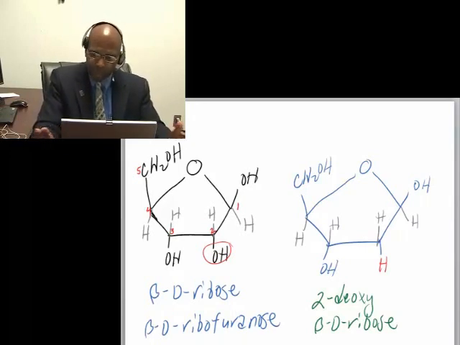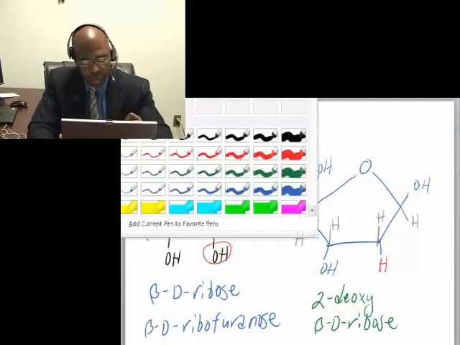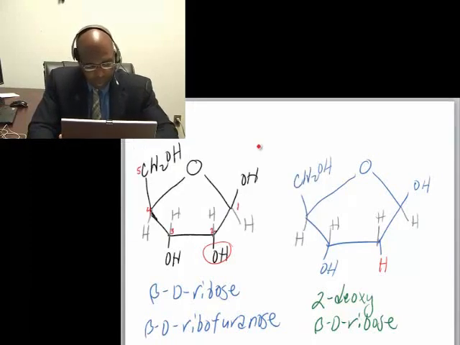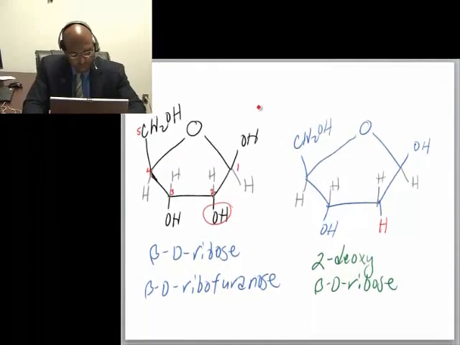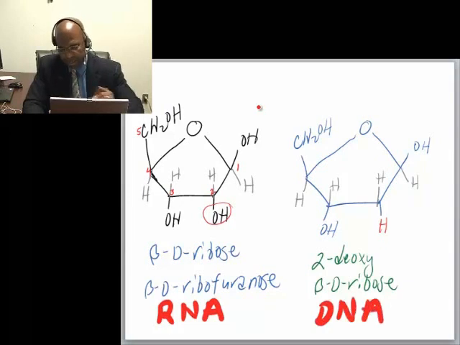I don't really care if it's beta or alpha, but the important point is, this is what's important. This is what you need to know in your heart of hearts. Ribose is found in RNA, and deoxyribose, this is the sugar that's found in DNA.